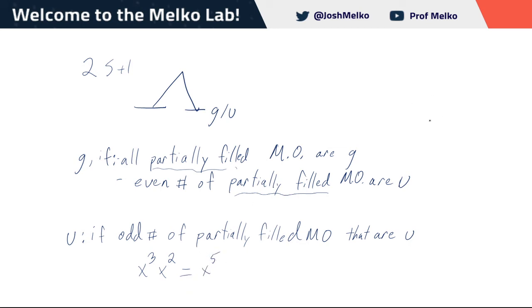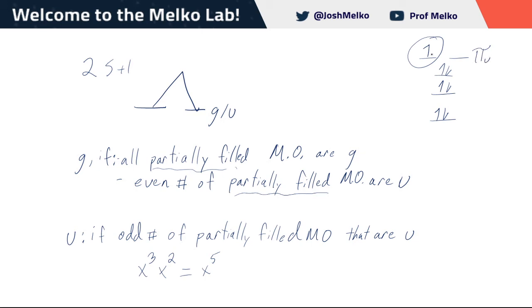So again, we're worrying about our molecular orbital diagrams. Maybe they look like this. Some of these are filled. Maybe I stop here. Then I just consider this one, right? In this partially filled molecular orbital, if this is a pi ungerade molecular orbital, right?